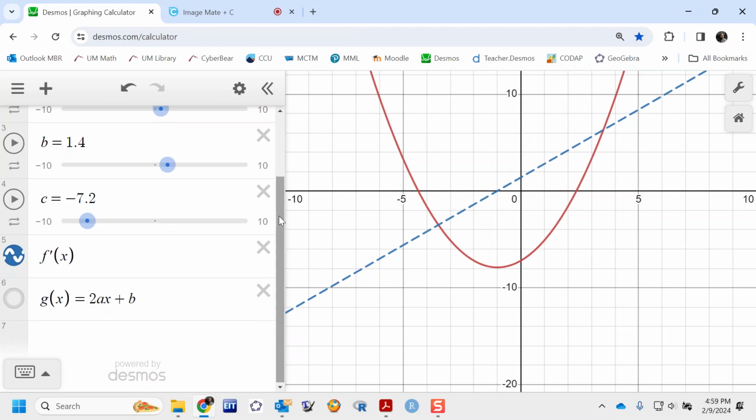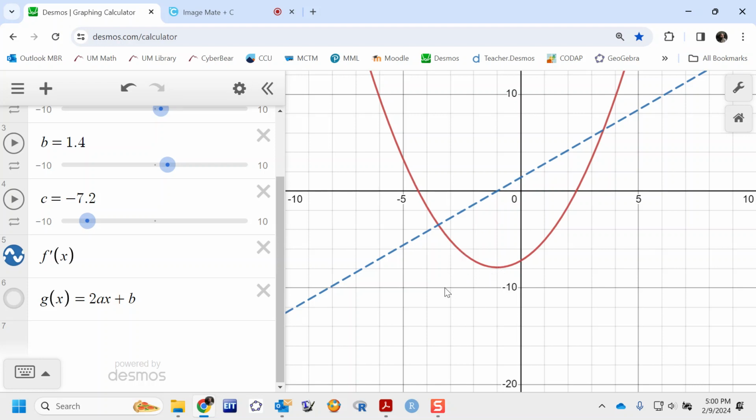Even more interesting is asking the question, what does this have to do with the function itself? I guess one of the things we've always been after with quadratics is their vertex. And we can use the derivative now to get at where the vertex is located, right?